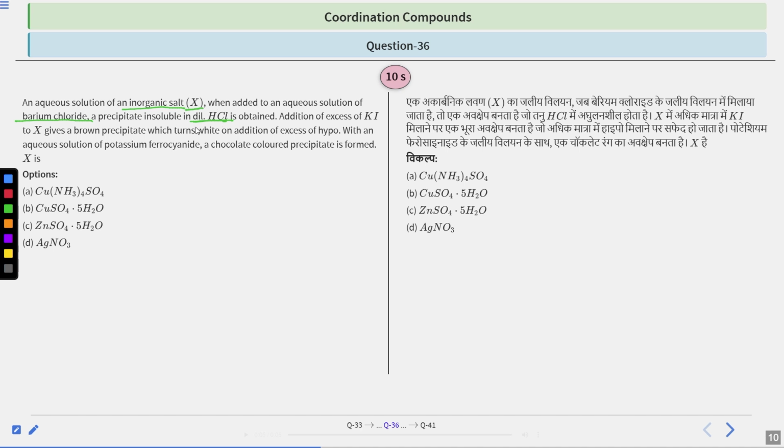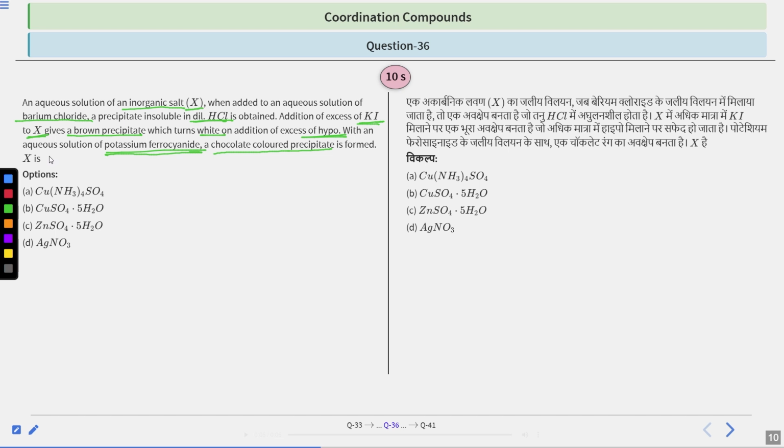The product we get will be insoluble in the dilute HCl. Addition of excess of KI, potassium iodide, to the X gives a brown precipitate which turns white on addition of excess of hypo. With an aqueous solution of potassium ferrocyanide, a chocolate colored precipitate is formed.